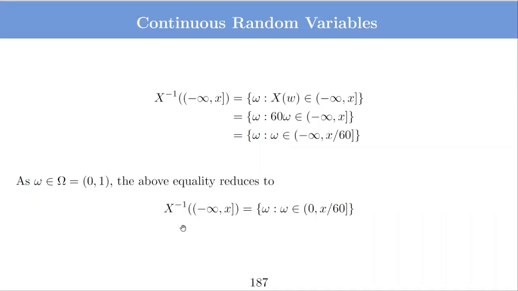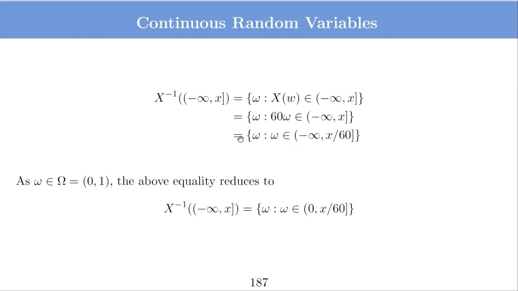So the pre-image of (minus infinity, x] is equal to the set of all outcomes omega such that X(omega) belongs to (minus infinity, x]. And X(omega) is nothing but 60 omega. So it is the set of all omega such that 60 omega belongs to (minus infinity, x].